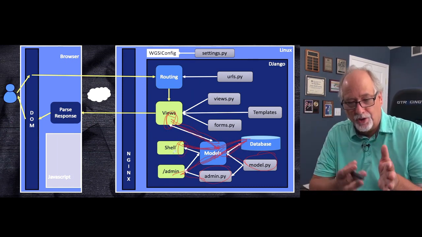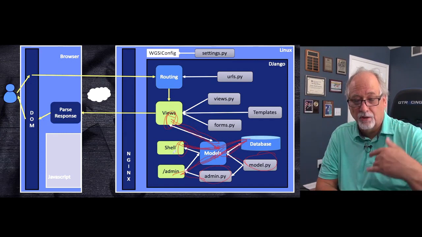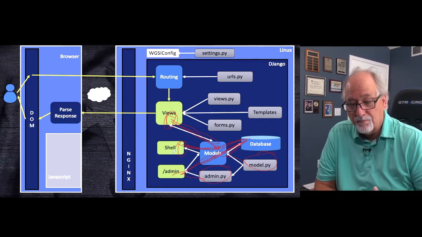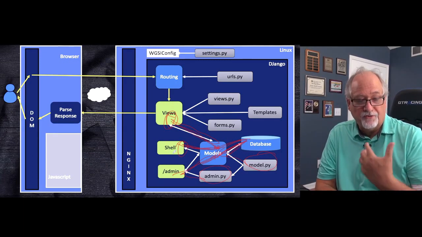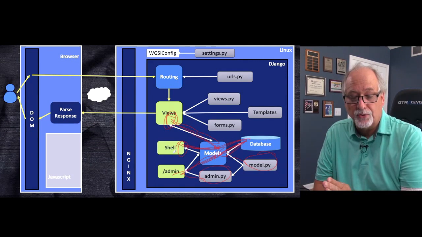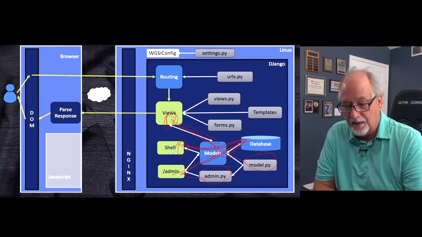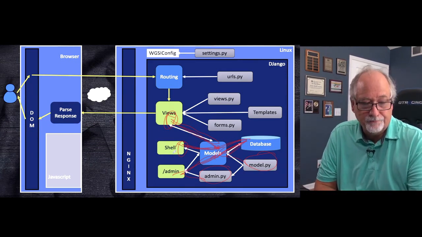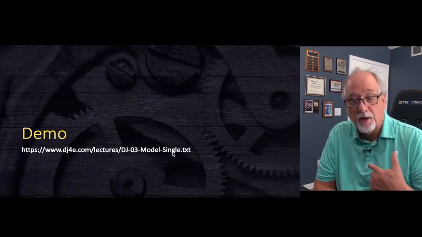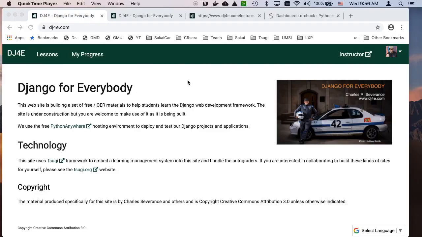That's the Django shell, which is a Python shell with all that stuff added to it. So models.py is critical to defining our relationship between all of our Python code, the admin user interface and the actual database. And so you'll see a recorded demo where I go through a bunch of those things.